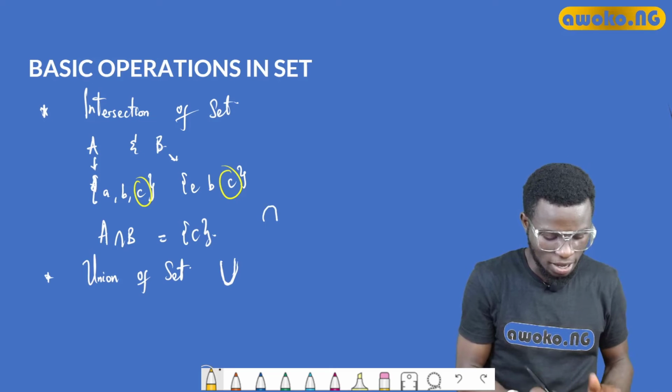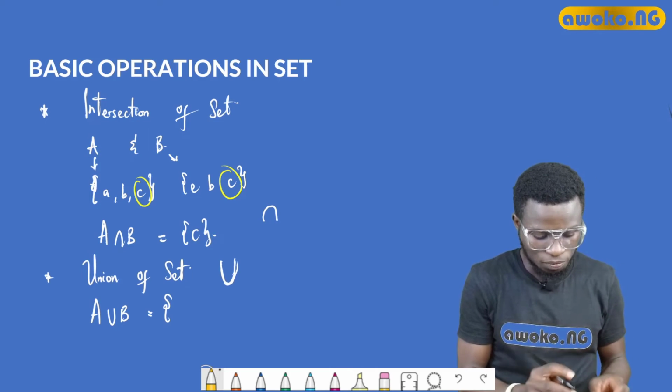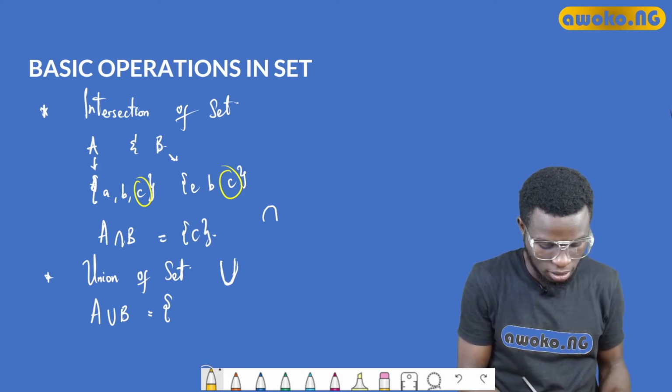Okay, so if I have A union B, I would have to combine the elements in the two sets A and B together without repetition.